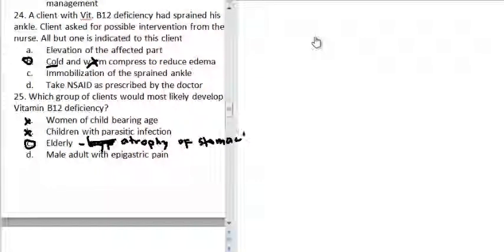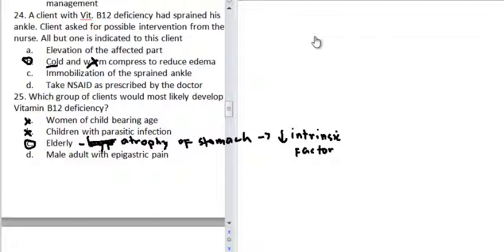And if there's atrophy of the stomach, there's decreased secretion of intrinsic factor. If there's decreased secretion of intrinsic factor, there's a decreased absorption of vitamin B12.